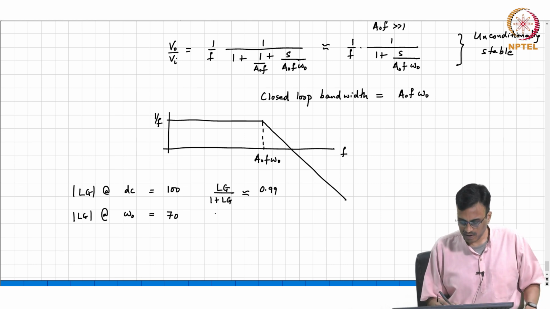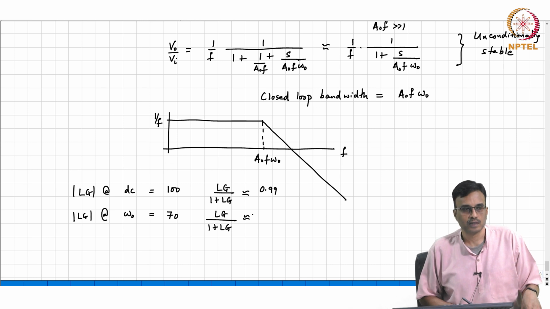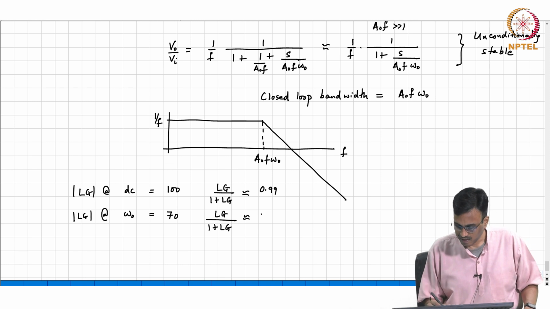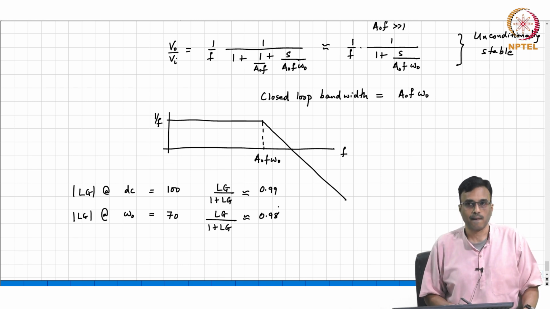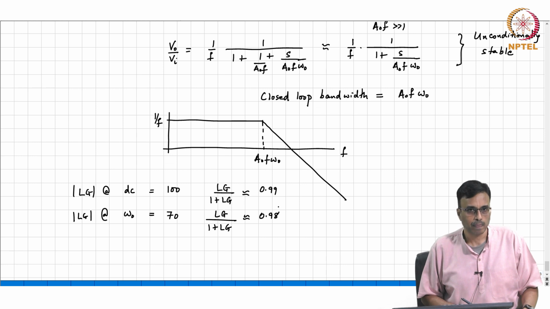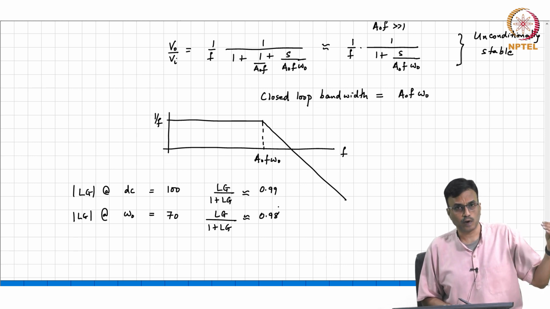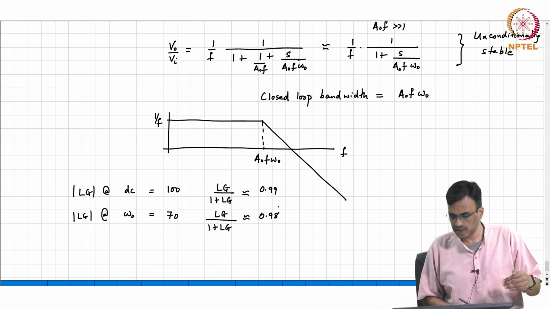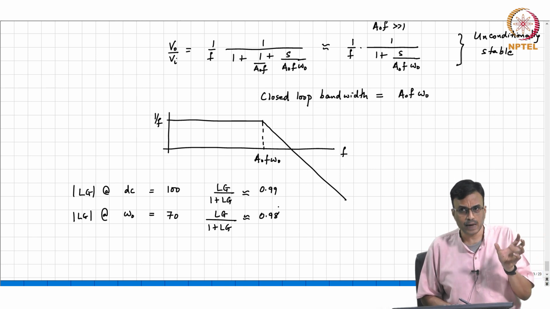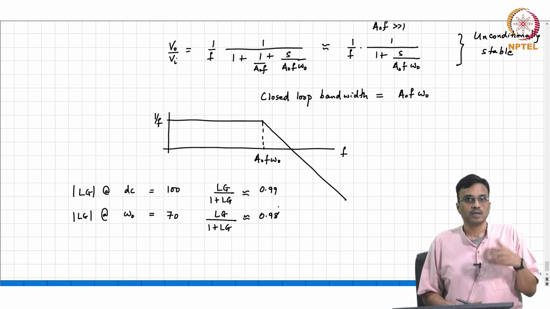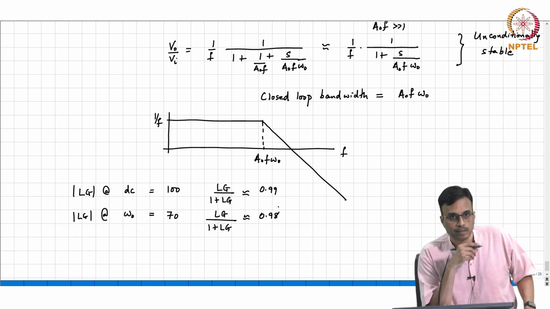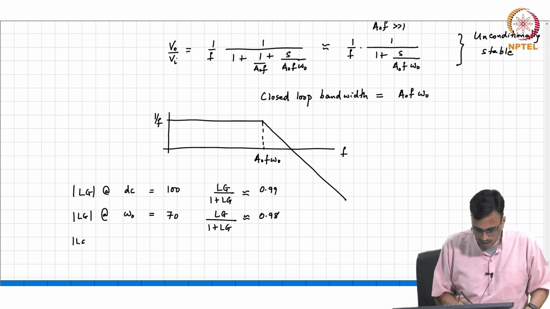But that number is so much larger than 1 that loop gain by loop gain plus 1 is, let us say, something like 0.98, right. So even though the loop gain has fallen from 100 to 70, which is a 30% change, this number is hardly affected.